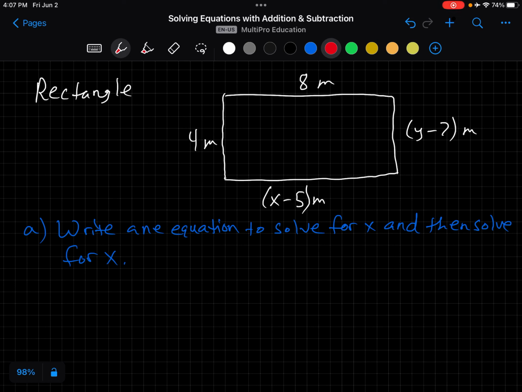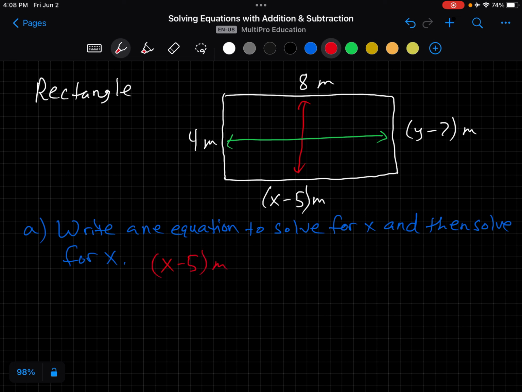Alright, so what do we remember about rectangles? The opposite sides, this side and this side, are equal in length. And then these opposite sides are also equal in length. So we know that 8 meters is equal to x minus 5 meters. So let's put this into an equation.